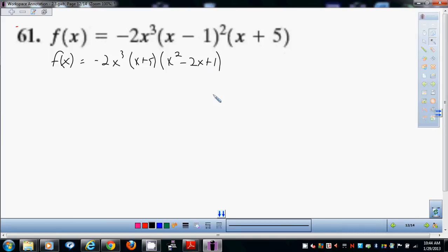X cubed. I'm going to take my x by all 3. Take my 5 by all 3. I'll stop and let people catch up. Although the next step is just combining like terms.